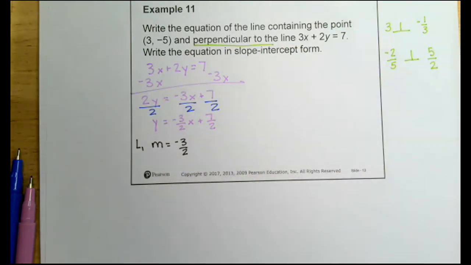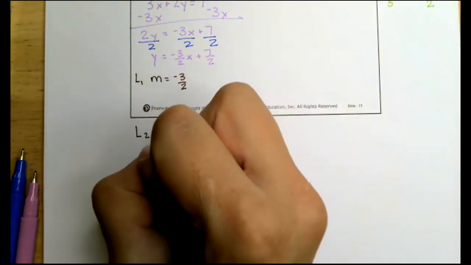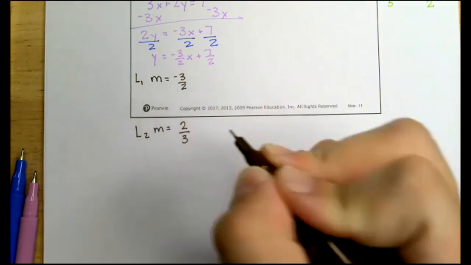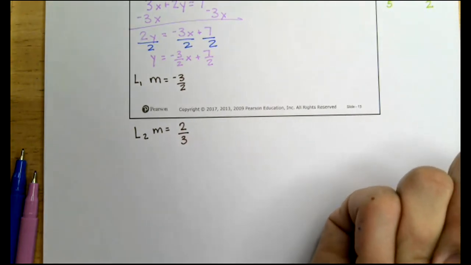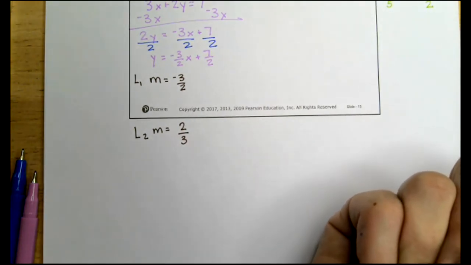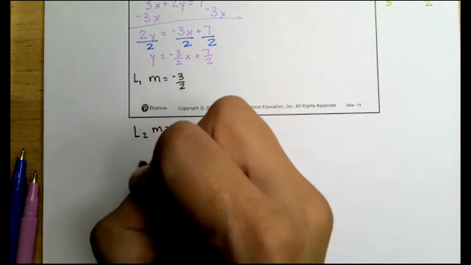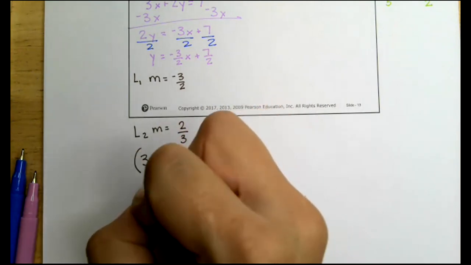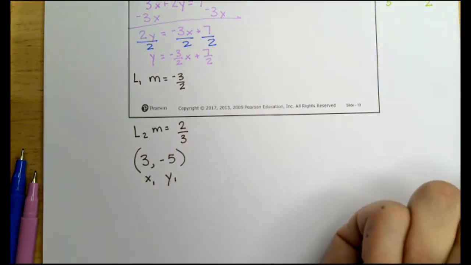That means L2 needs to be perpendicular. We need to flip it. So now it's 2/3 and we need to change the sign. Okay? And it contains the point 3, -5. 3 is my x, -5 is my y.